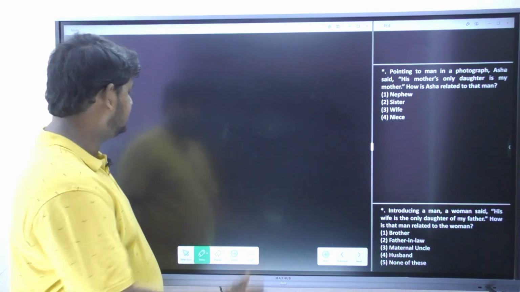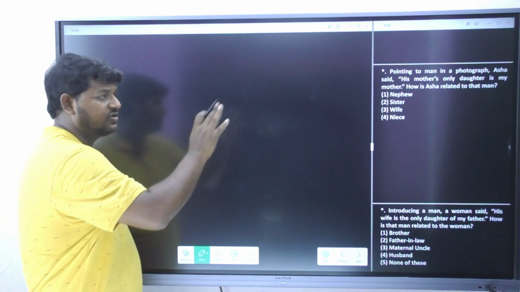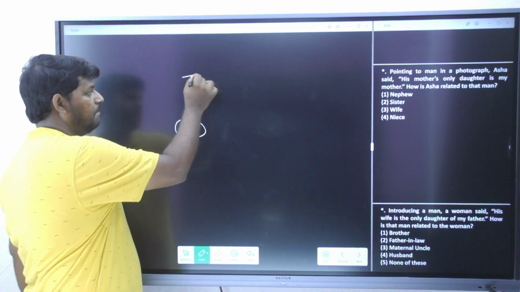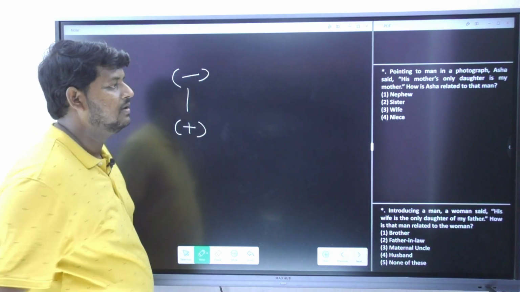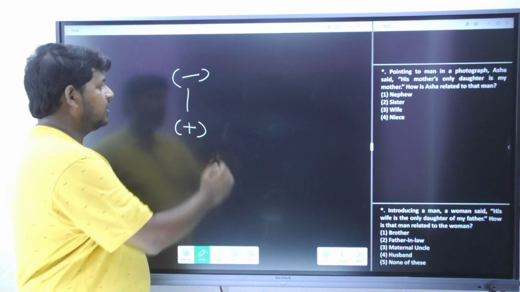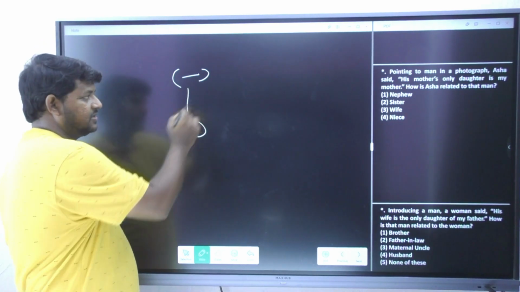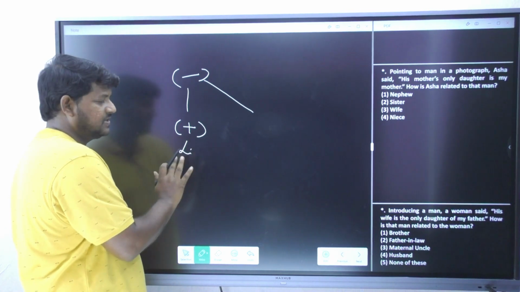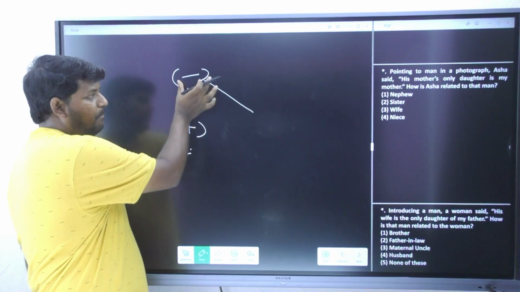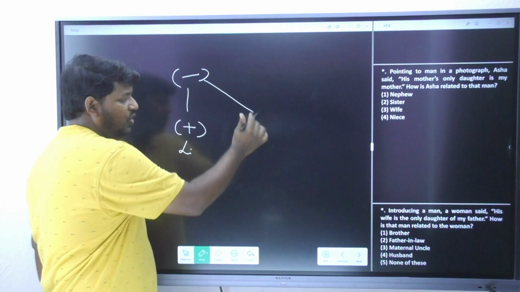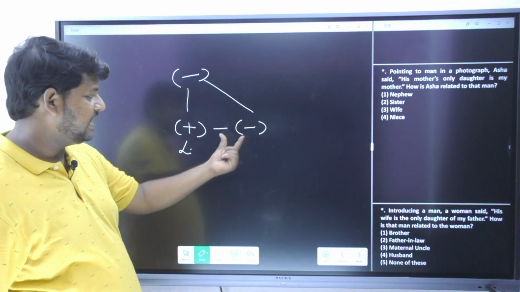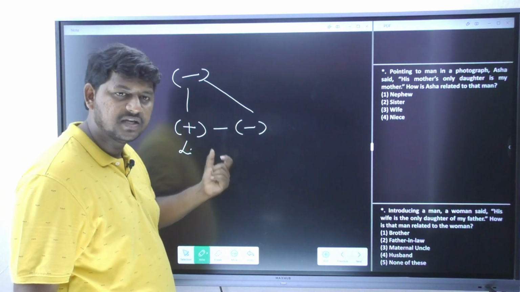Okay, his means what? I'm just going to solve it from your left side as well. His mother's only daughter. His mother's, this is a listener or you can say some other person. His mother's only daughter is Asha's mother.